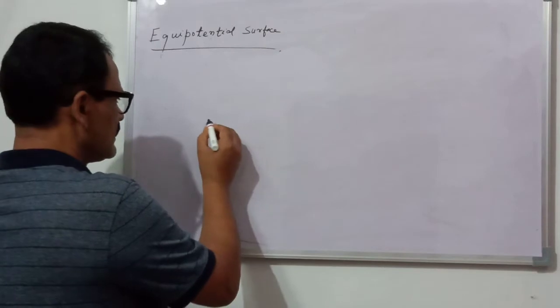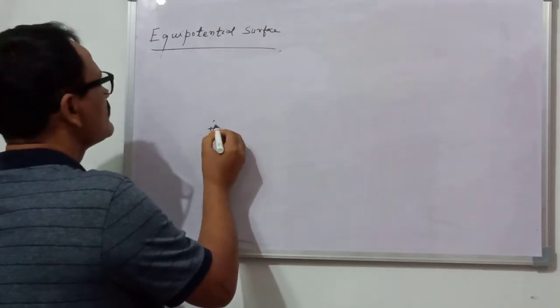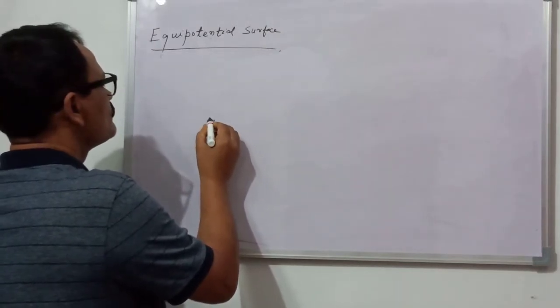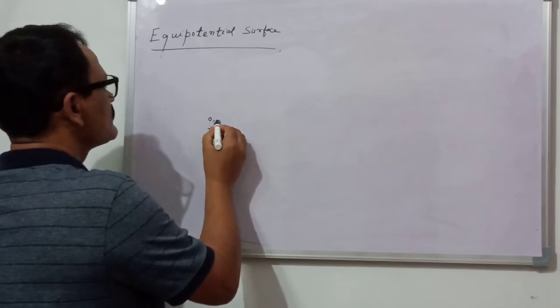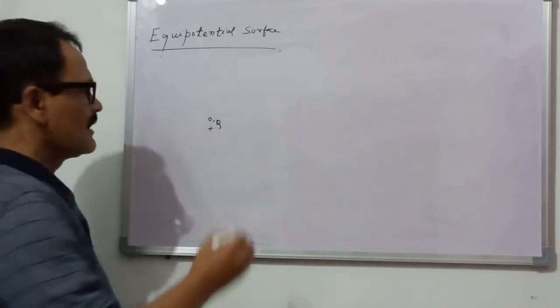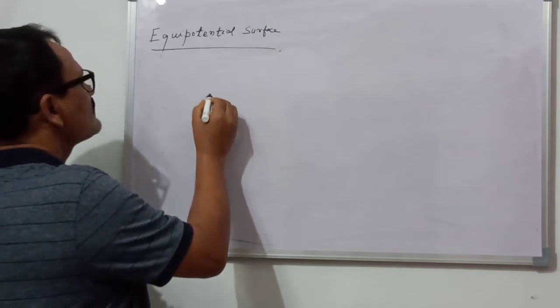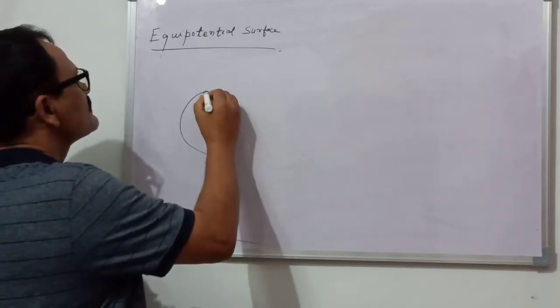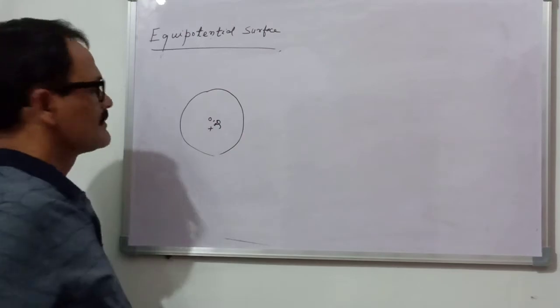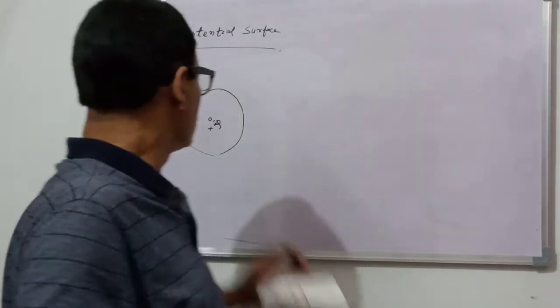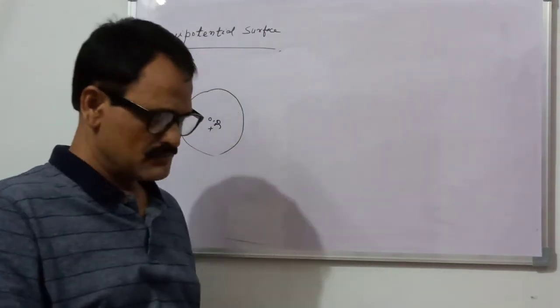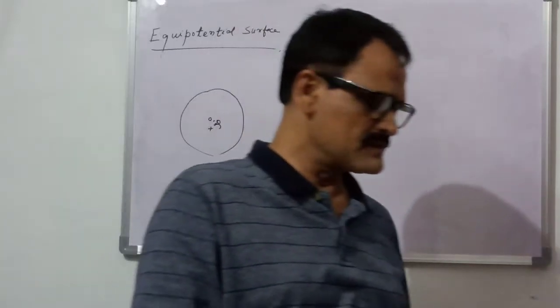Suppose at this point there is a point charge and this charge is positive, and at r distance in free space the surface will be the surface of the sphere.